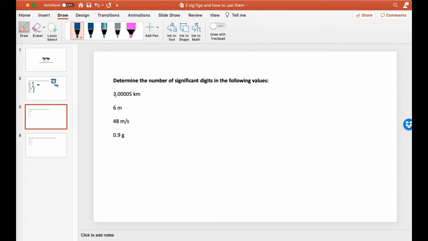There's one significant digit, and every one of these zeros is significant. Once you have one significant digit, I don't care what the number is, every zero afterwards is going to be significant. And the reason for that is, if you said these zeros were not, then you would just have a value of 3.5, and that's a whole lot different.